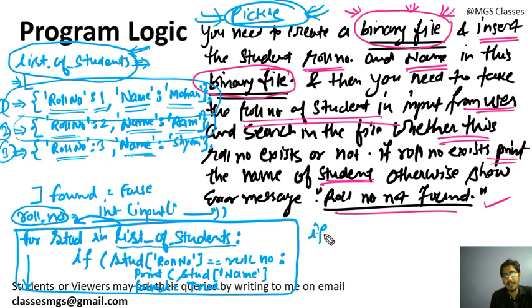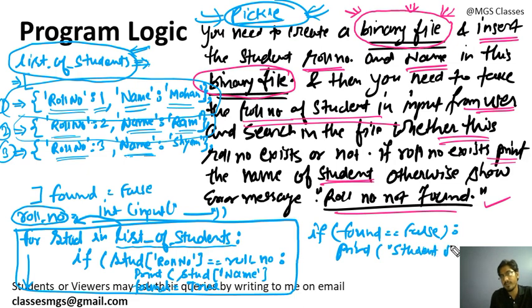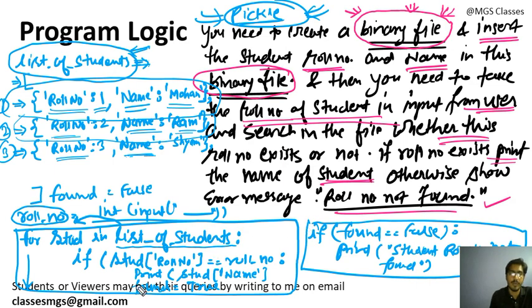And if this found variable is not true, if it is still false, then we can display the message: student roll number not found. This line should be added after the for loop ends.